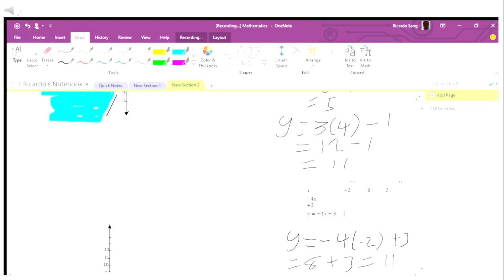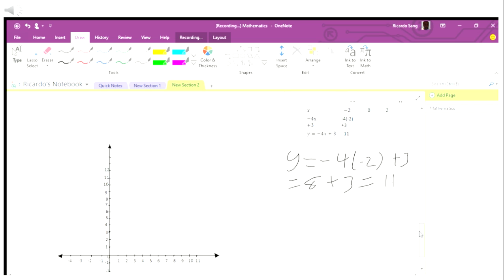Let's plug that in, so that will be 11. And let's plug in the process: open bracket, minus 2, you come back down, that will be minus, plus 3. That's the first coordinate, so we plug it in.